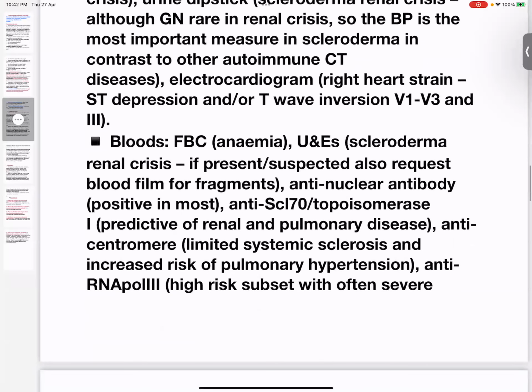Blood: you should examine for anemia. You should examine kidney function tests, blood urea and electrolytes, renal crisis, creatinine. If present, suspect it and also request a blood film for fragments of red blood cells, and the specific antibodies. You should ask for SCL70.